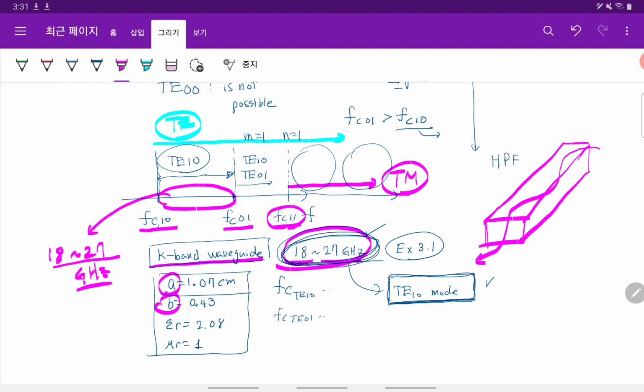If we design A and B and cover this frequency, maybe over here, something like this.